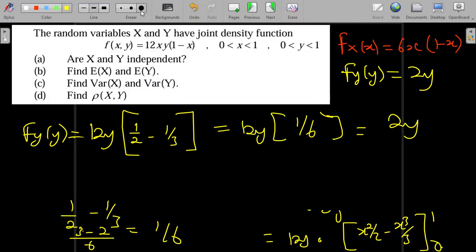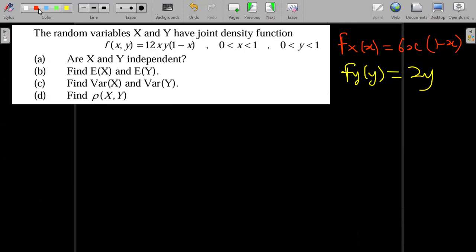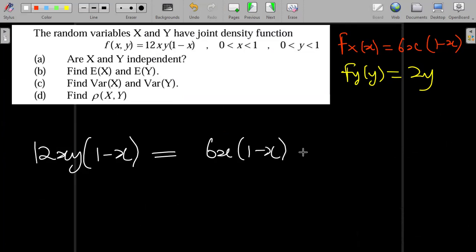Now let's check if their product is equal to the joint PDF, which is 12xy(1 minus x). Is it equal to the marginal of x, which is 6x(1 minus x), multiplied by the marginal of y, which is 2y?